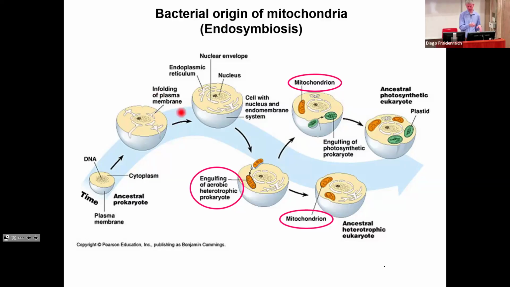A precursor cell millions of years ago didn't have mitochondria, but bacteria were taken up by these precursor cells, and at first the precursor cells contained all the genetic information needed to make this bacterium, but over time this DNA was transferred to the nucleus, and that's what I said, 99% of the mitochondrial proteins are now encoded in the nucleus, and only a couple of proteins remain encoded in the mitochondria.